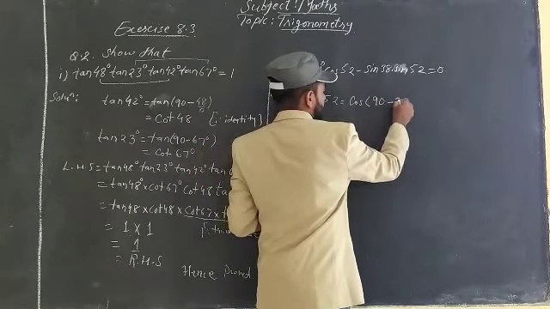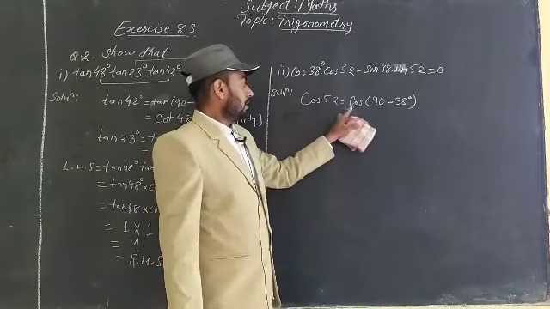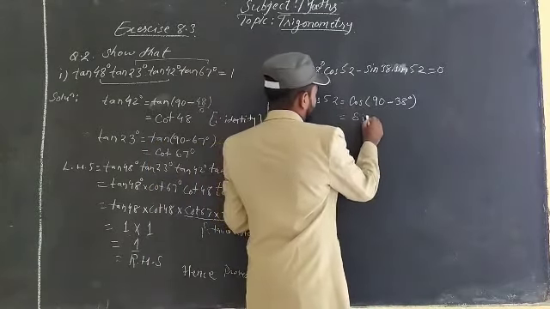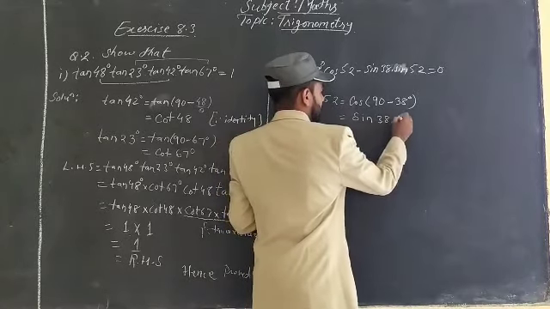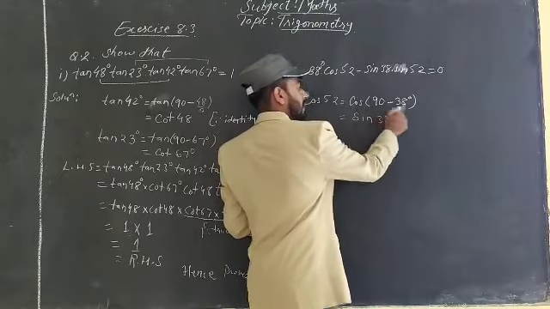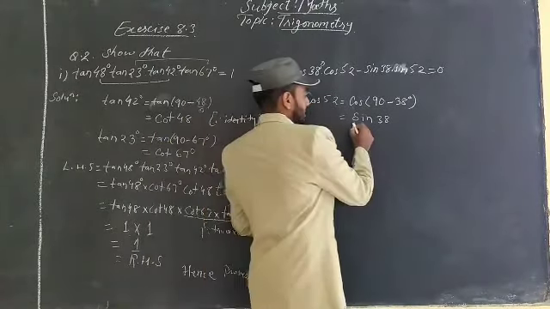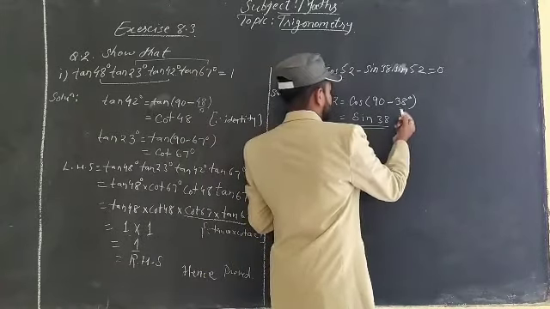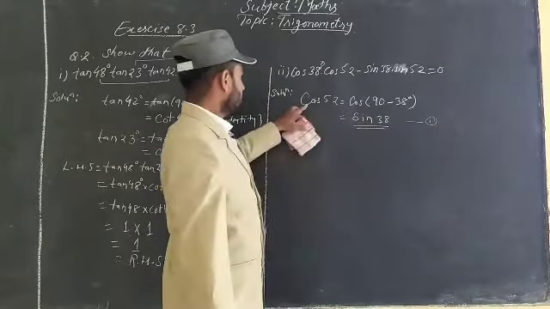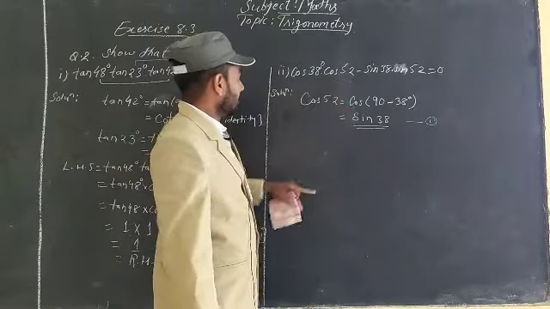Cos 90 minus 38 degree I can write it as, and cos 90 minus theta is sin theta, with theta being 38. So it becomes sin 38 degree. Give it as 1. So cos 52 can be replaced with sin 38.